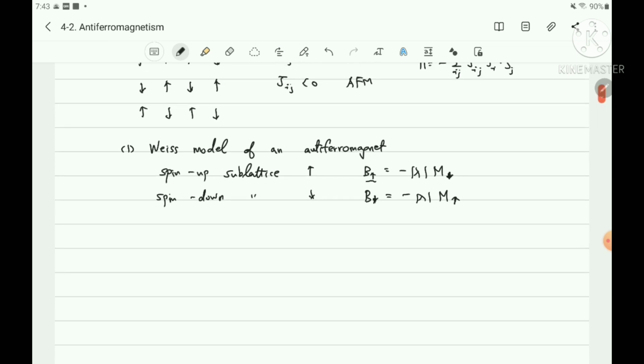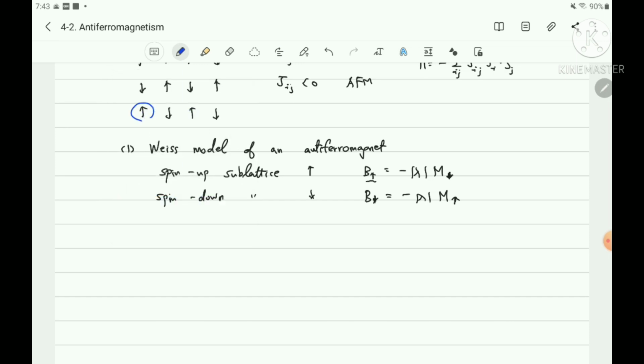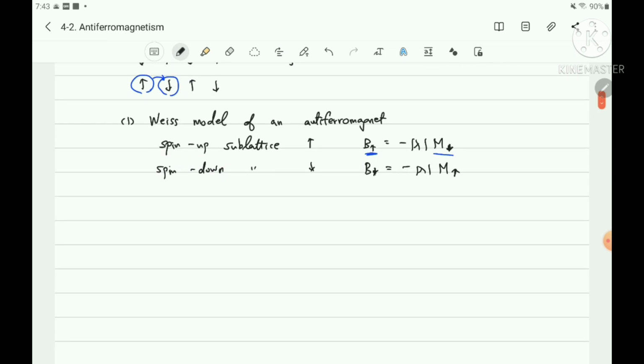Likewise, the down spin affects the up spin, and the up spin affects the down spin. Therefore the spin direction is different. Here lambda is the molecular field constant, and its value is negative in antiferromagnetic interaction.